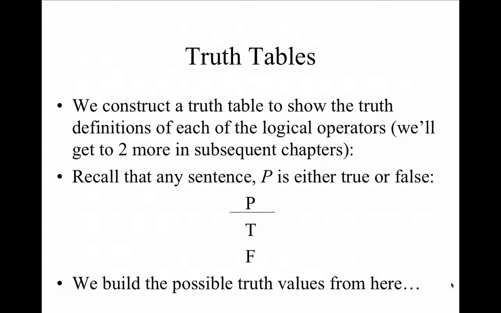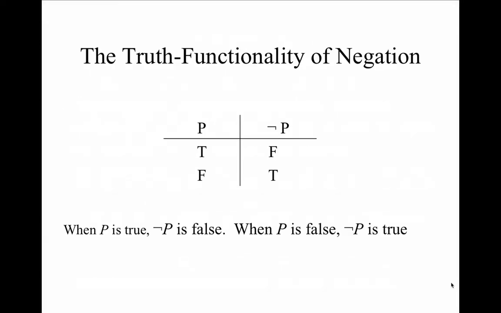We already said that any sentence in the universe, let's call it P, is either true or false. So when we say that the sentence P is negated, we're going to see how negation is defined by the original value as well as what we understand the function of negation to be.